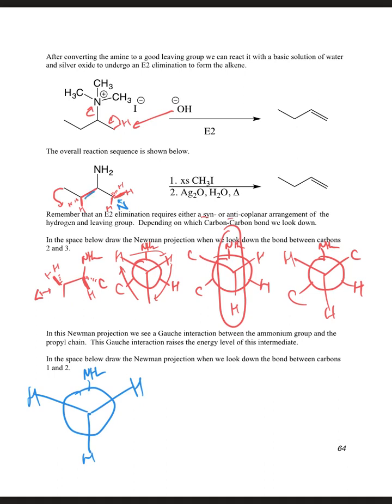Then we could draw this to one side, that to the other. We have 3 hydrogens on the front carbon, so it's not going to matter where we draw them, because they're all the same. We're going to get the double bond on the end that has 2 hydrogens there.